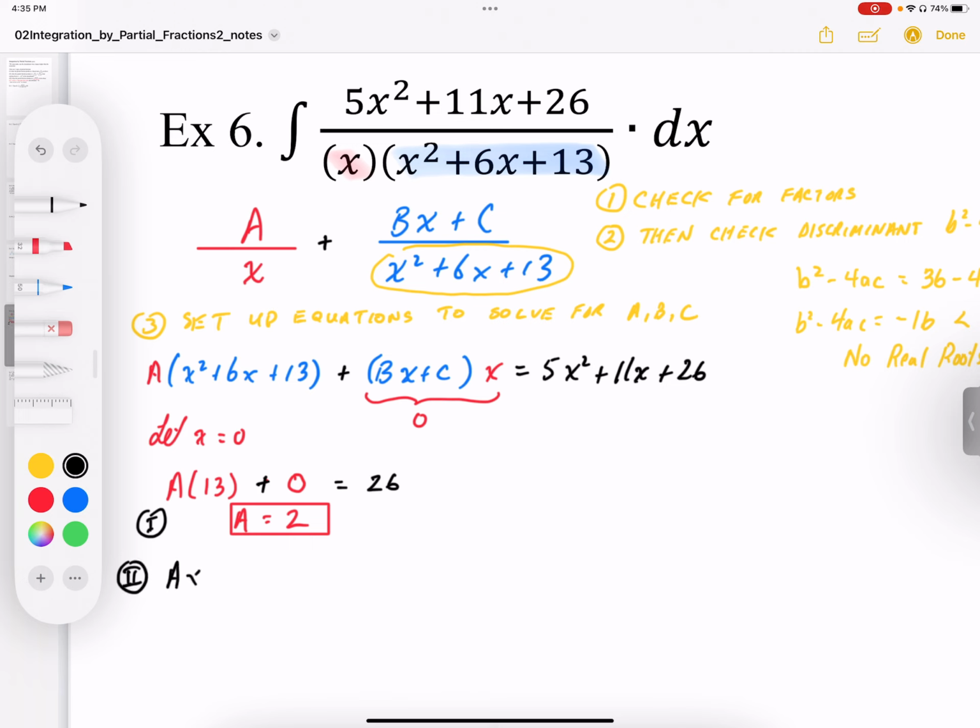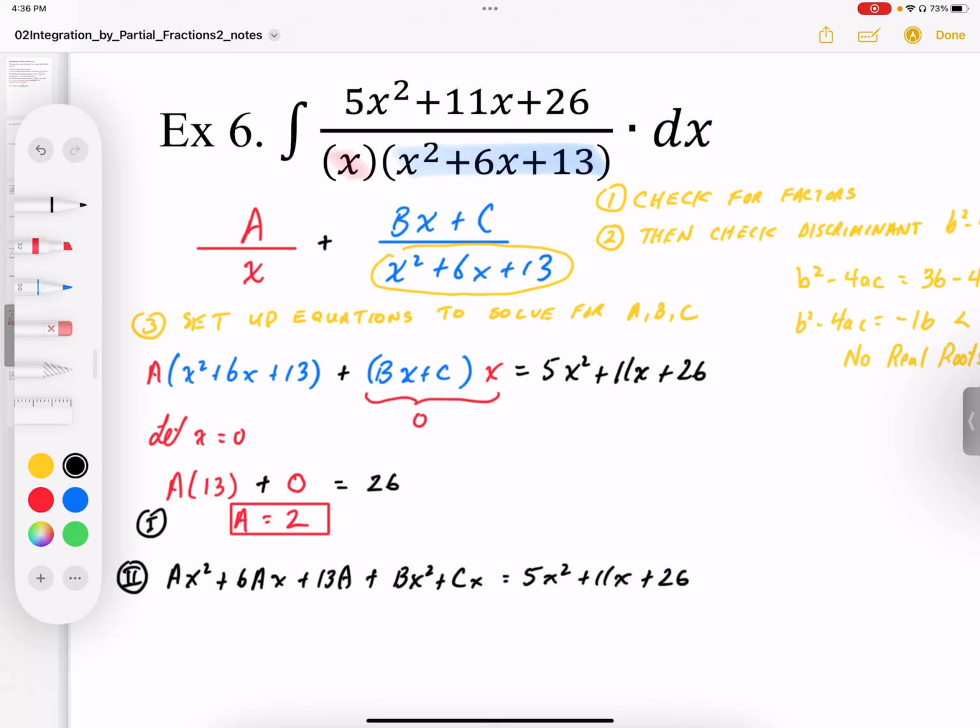I get Ax squared plus 6Ax plus 13A plus Bx squared plus Cx, and that's equal to 5x squared plus 11x plus 26. Since I know what A is, I'll replace it afterwards.